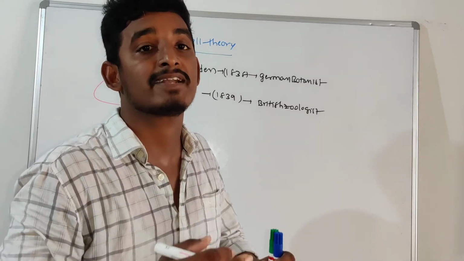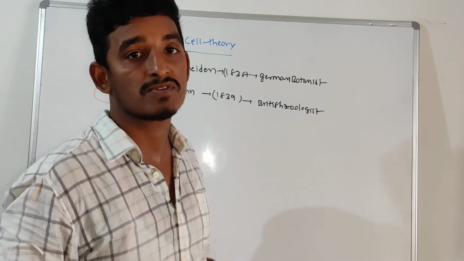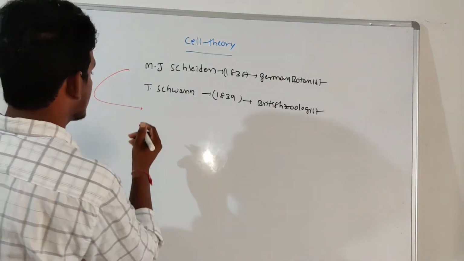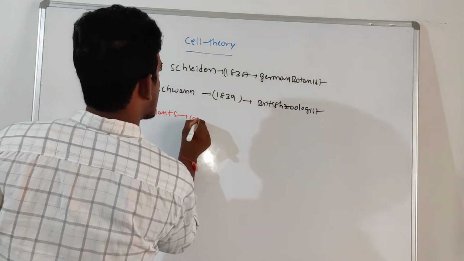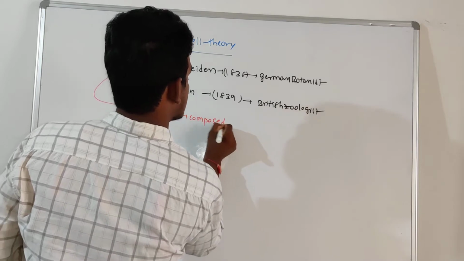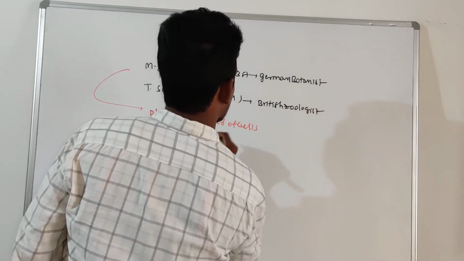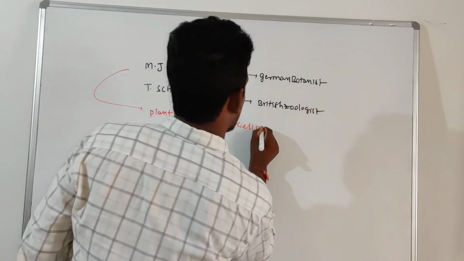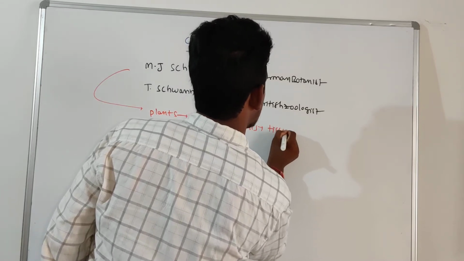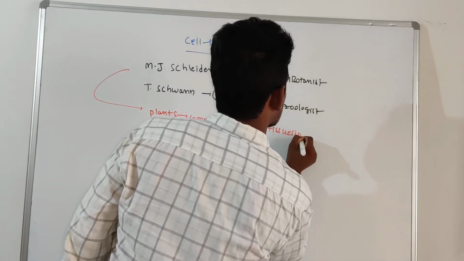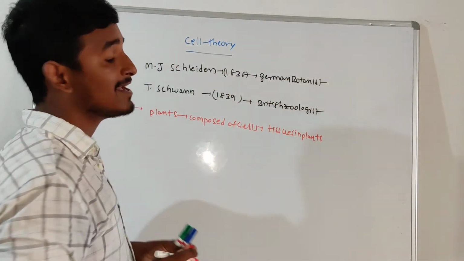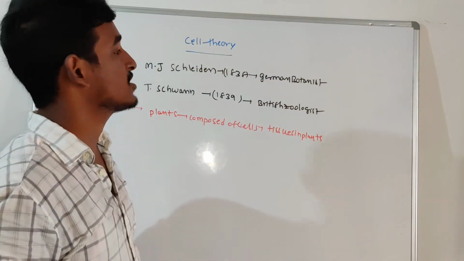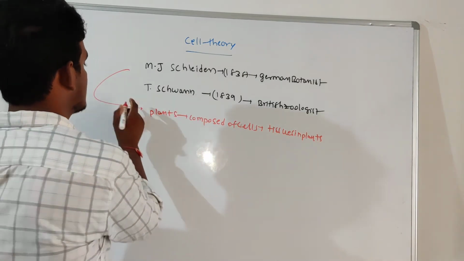Those cells form tissues in the plants. So all plants are composed of cells, and later the cells form tissues in plants. That information was given by Schleiden, a German botanist, in 1838.